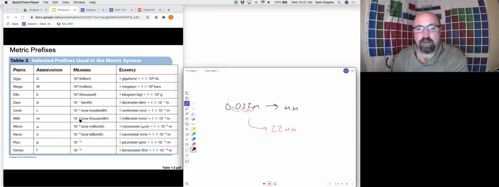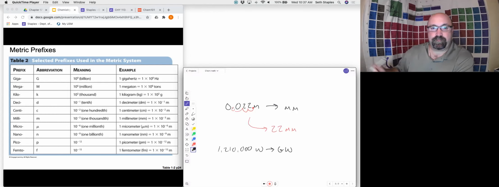And we would do the same exact thing if we're moving in the opposite direction. Let's say we're working with watts, and we have a measurement that is this many watts, and we want to convert that over to gigawatts.